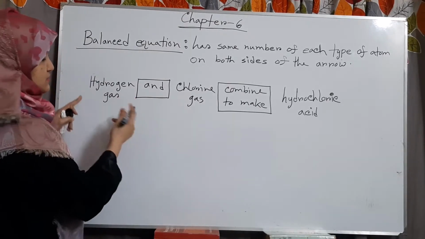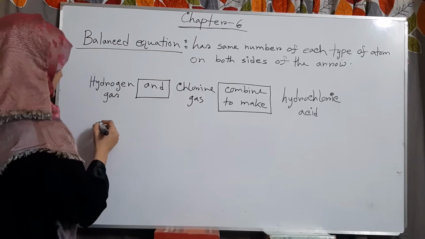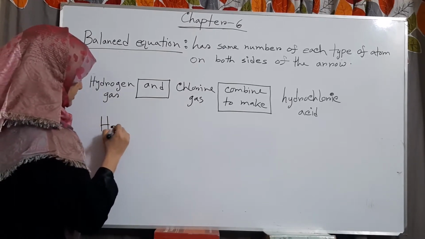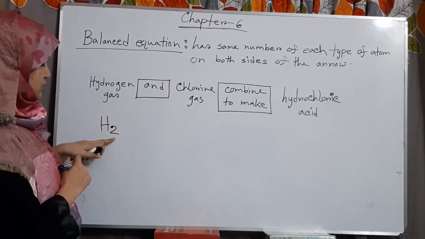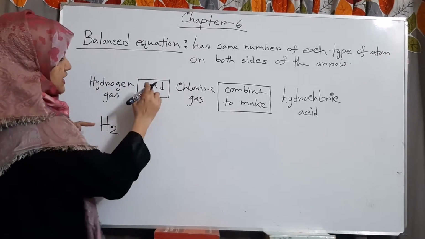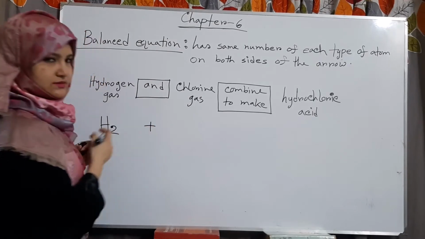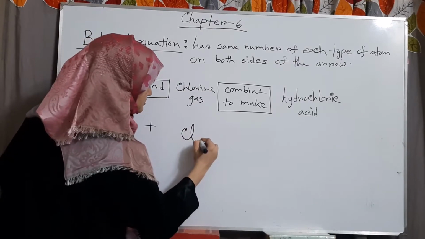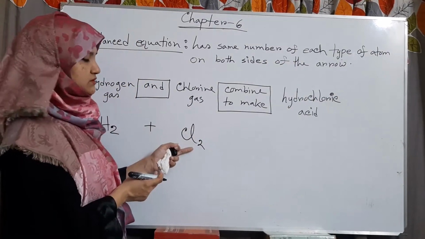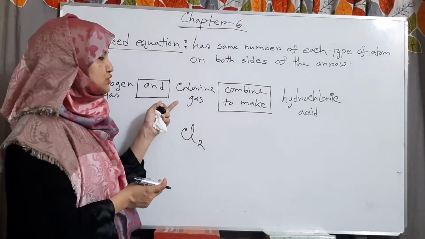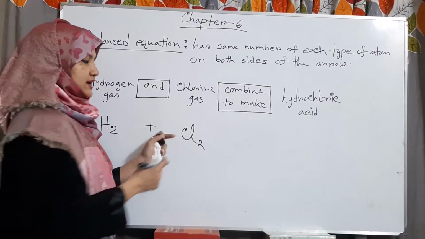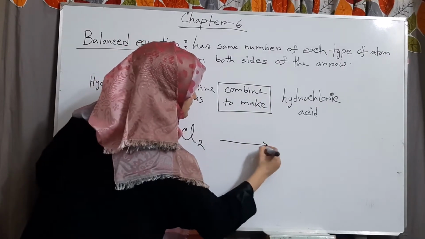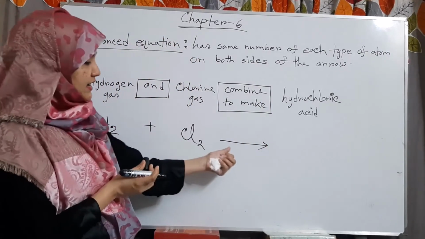Hydrogen gas: we use the formula of hydrogen gas. We know that, hydrogen, H2, and 'and' means plus. For chlorine gas, chlorine is diatomic, Cl2, because it's a reactive non-metal gas molecule. 'Combine to make' is represented by an arrow sign.